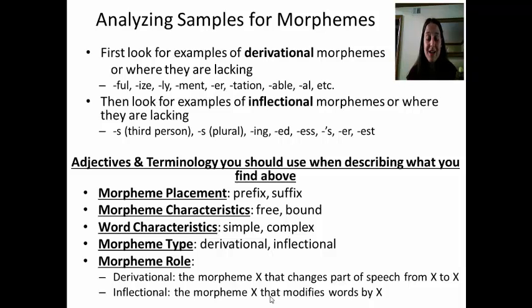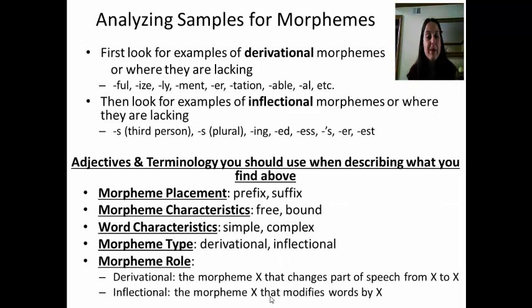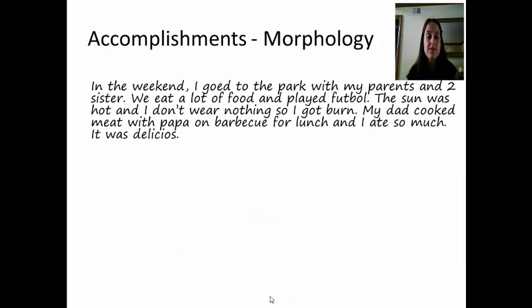Same thing with inflectional: the suffix s that modifies the word by number. Again, if you have any questions about this, I would strongly encourage you to go back to the morphology PowerPoint and video, watch it again in several different places, just to remind you of all of these different aspects.